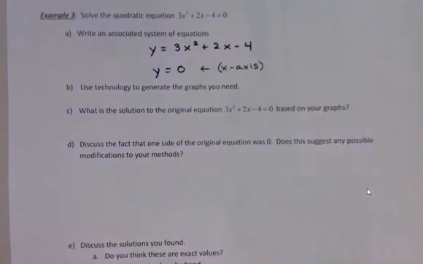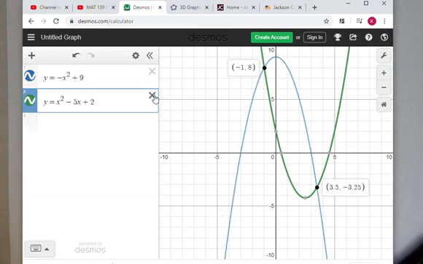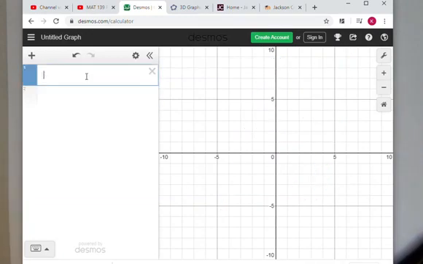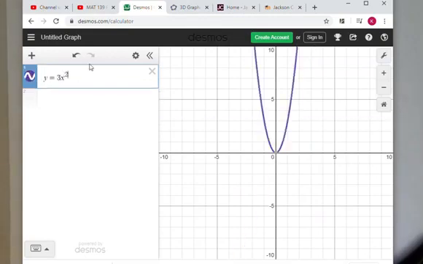I'm going to graph it on Desmos, but then we're going to talk about whether we really needed to graph that or if we could have gotten the information we needed without it. So back over to Desmos. The first one was y equals 3x squared plus 2x minus 4.